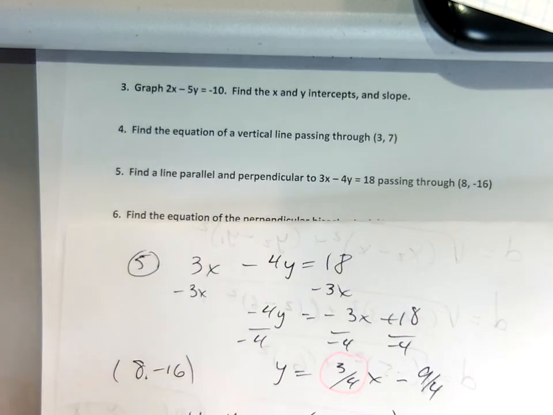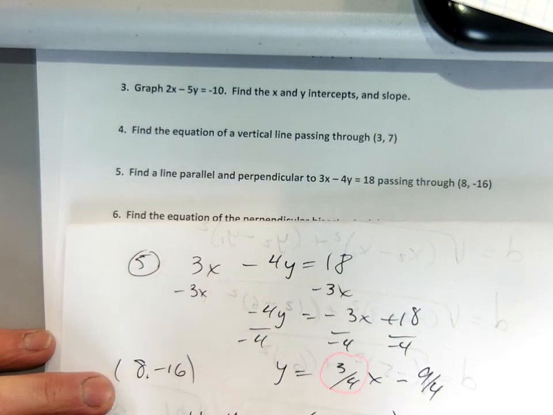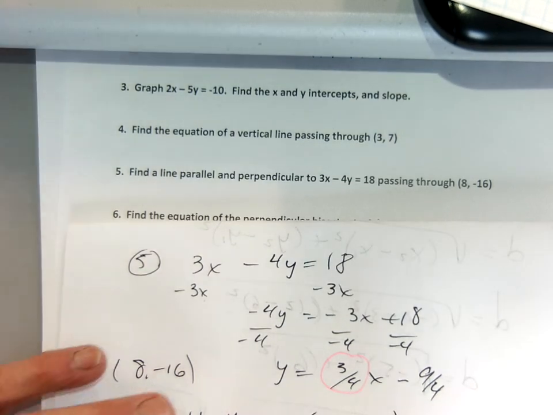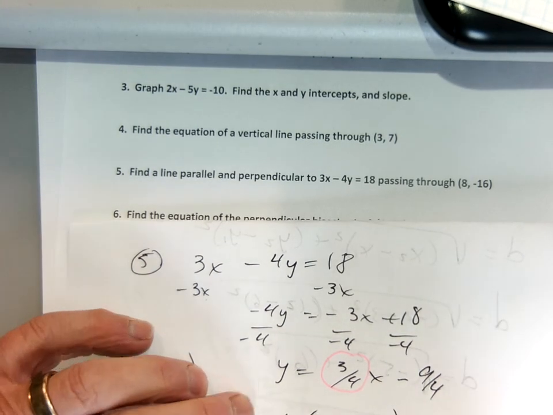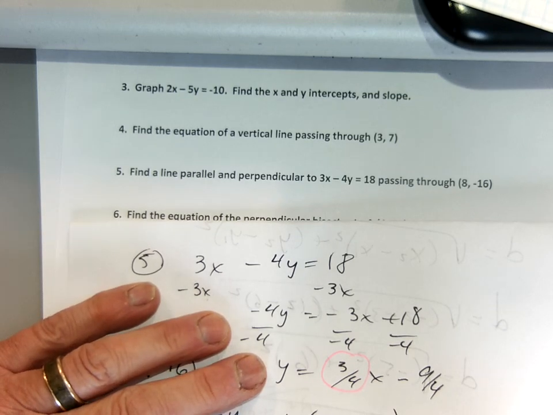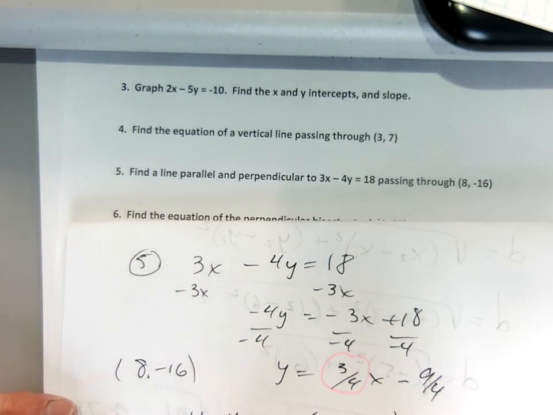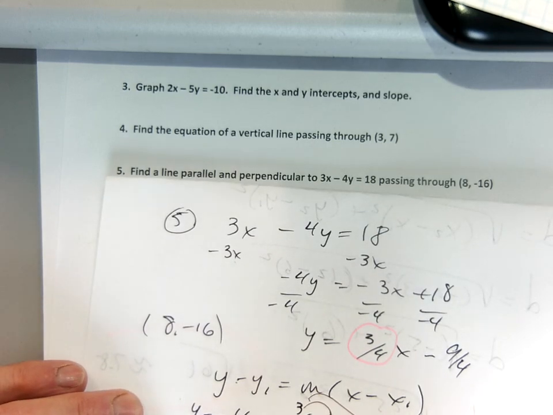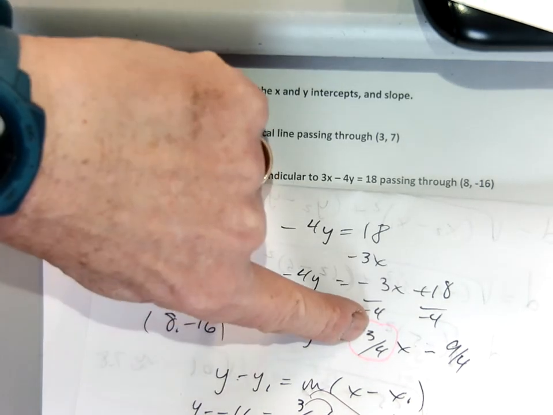Okay, so then y plus 16 equals, and I'll distribute that, I'll get a 3/4 x. Let's see, it goes in 2 times, minus 6, okay, and then minus 16, I think that's a 22. So y equals 3/4 x minus 22. Okay, this line is parallel to this line, but it goes through this point.